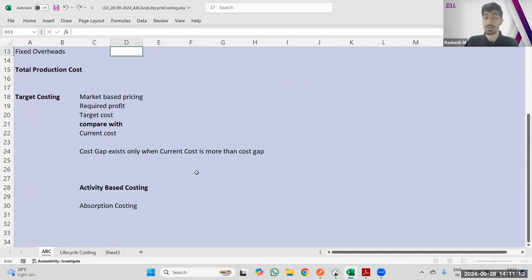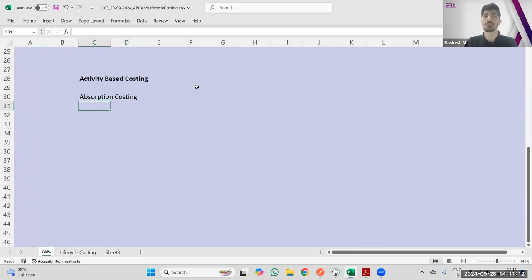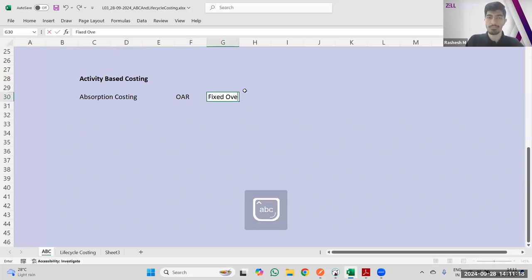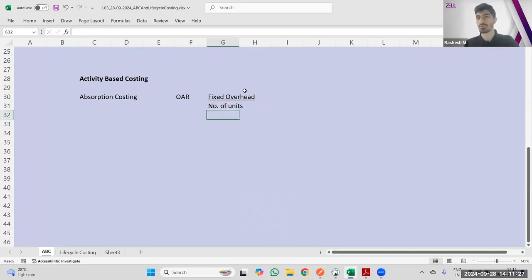And last time when we spoke, we discussed that one way to calculate your OAR was that you take your fixed overhead and you divide it by the number of units. Correct? That simple division gives you your per unit OAR, and that works brilliantly well until you have more than one unit or one product in your company.